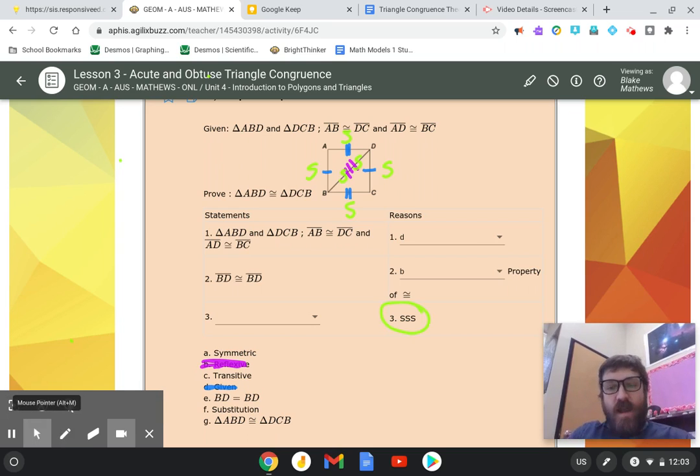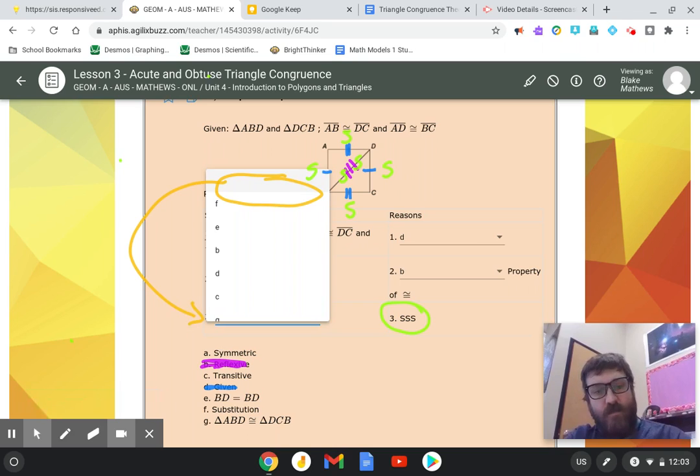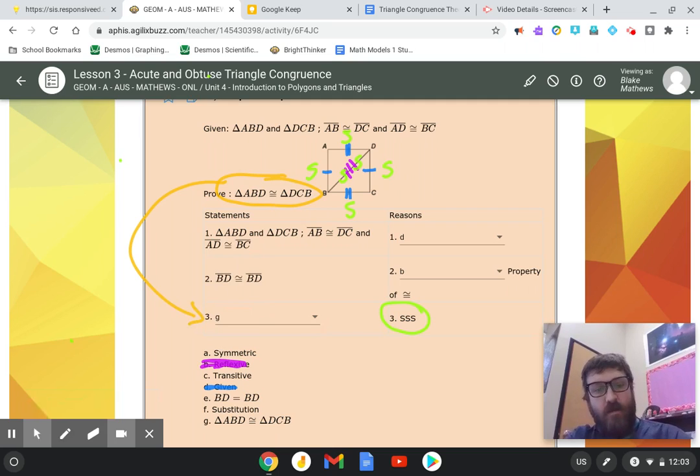The question is, what is the actual statement? Well, we know what the goal was. The goal was to prove that these two triangles were congruent right here. So that has to be statement number 3, ABD is congruent to DCB. That's going to be answer choice G. There it is right there, and that's what we get for this one.